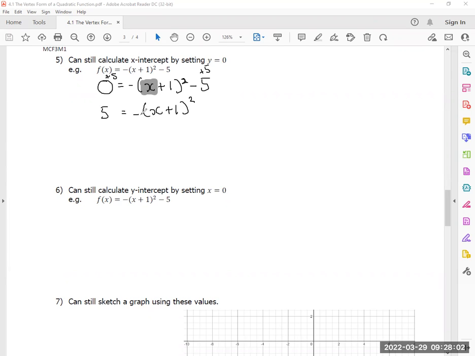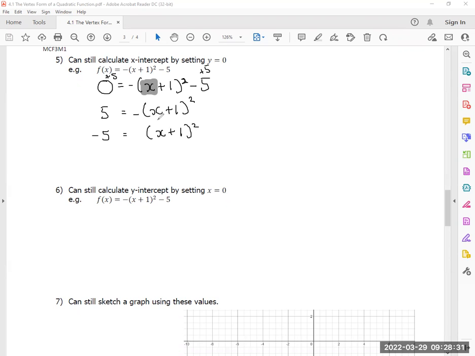Now I want the -1 out of the way because I have to get rid of that before I can get rid of the exponent. This -1 is multiplying, so the opposite of multiplication, division. I'm going to divide both sides by -1. I'm working from the outside in.